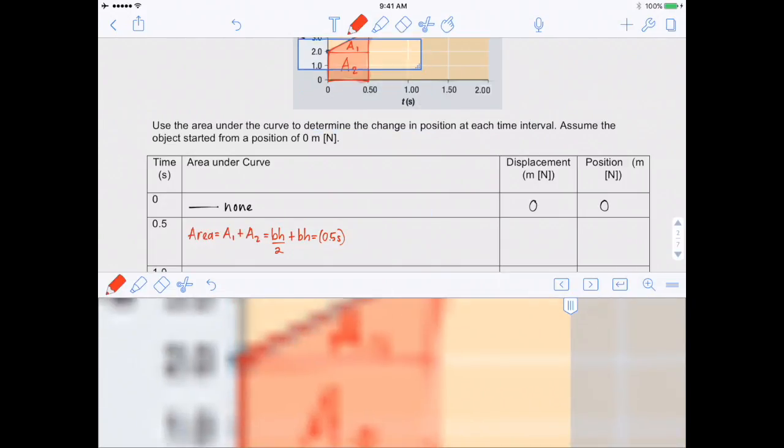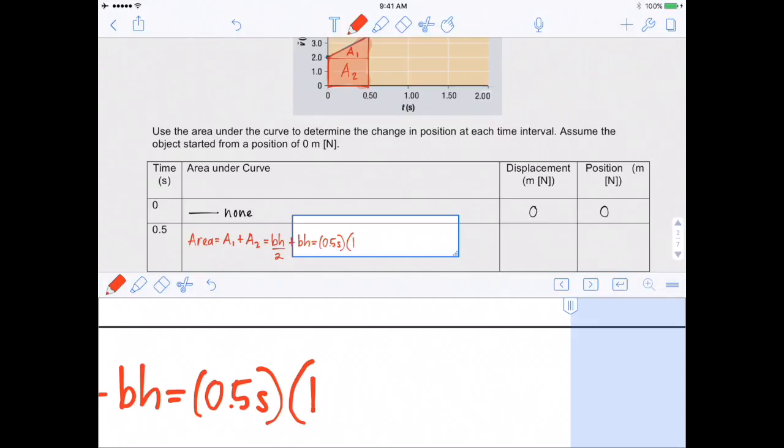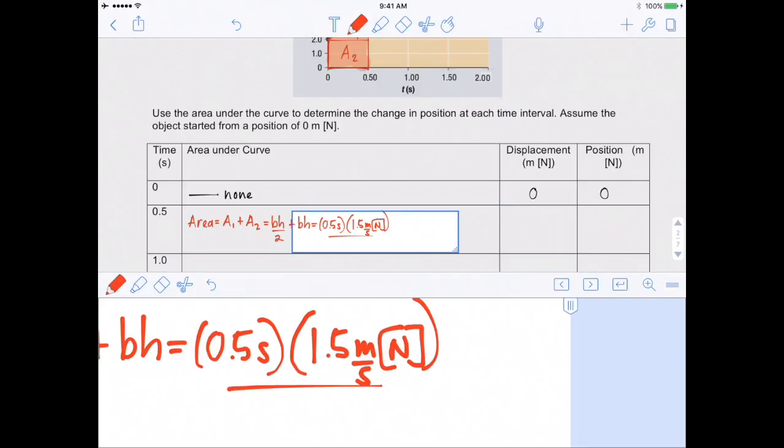And the height of this triangle, it's going from 2 meters per second north to 3.5 meters per second north. So it's 1.5 meters per second north. And we're going to divide this by 2.